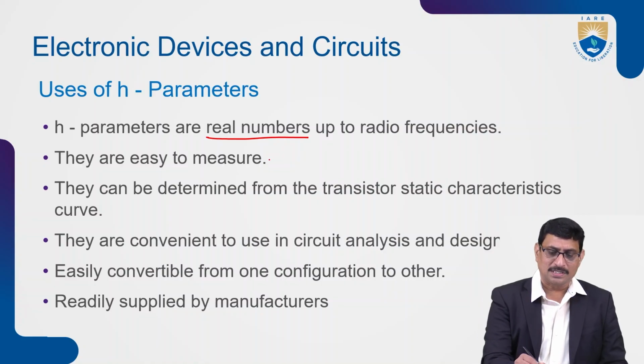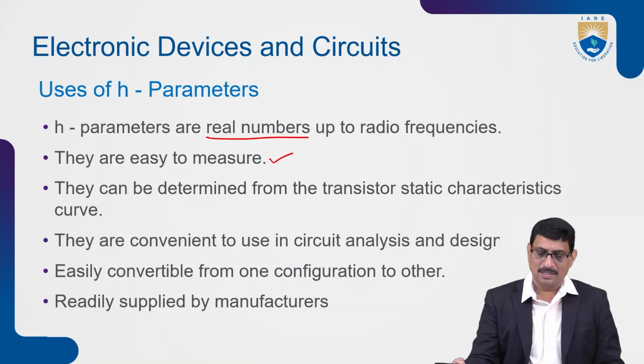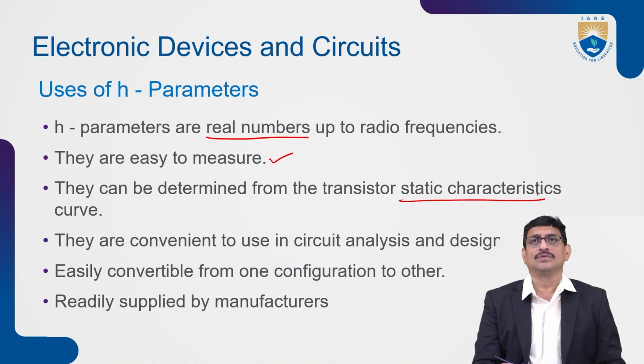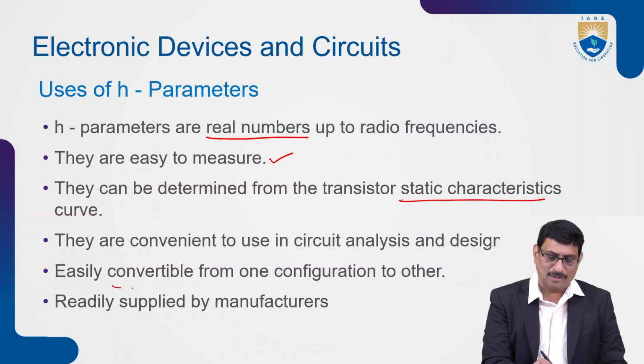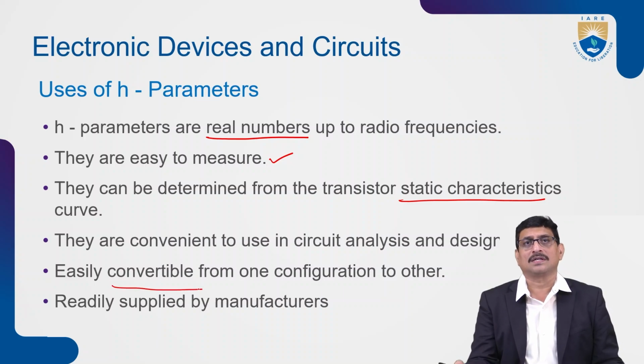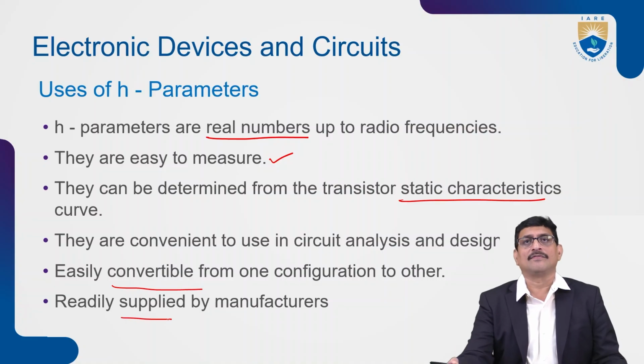They are easy to measure, and they can be determined from the static input and output characteristics of the transistors. Also they are convenient to use in circuit analysis and design, and they are easily convertible from one configuration to another, and they are readily supplied by the manufacturers.